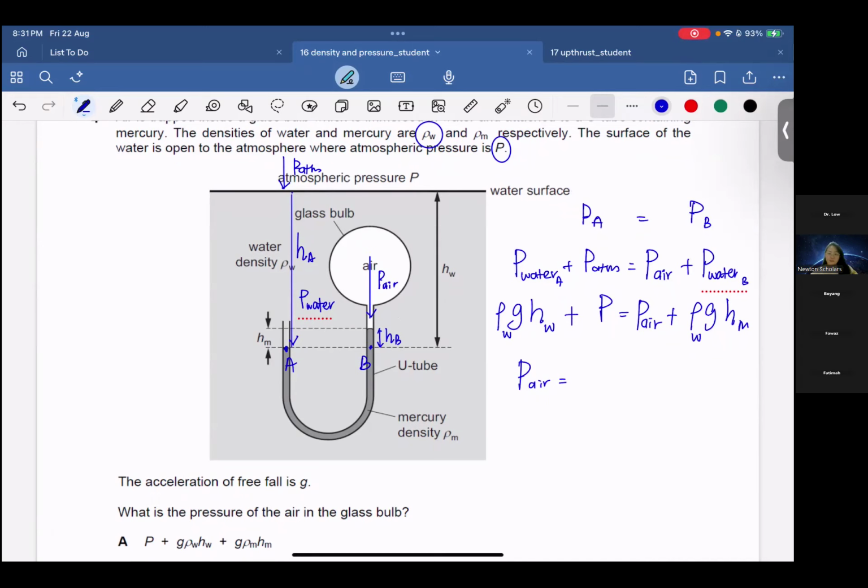How about others? They're trying to trick you. The height for the liquid level for A point, they label here. They label at the another side.